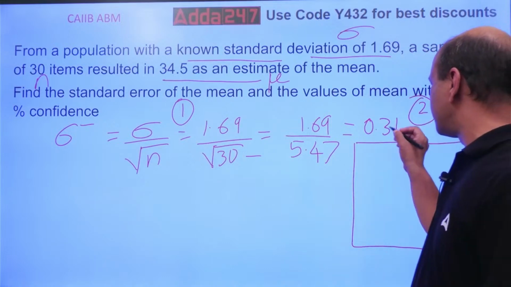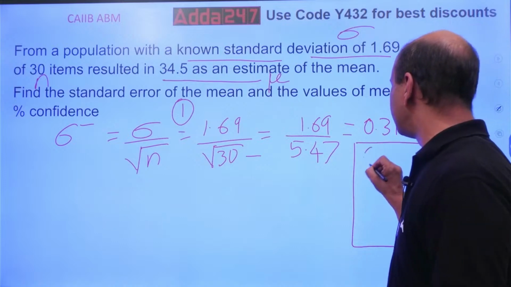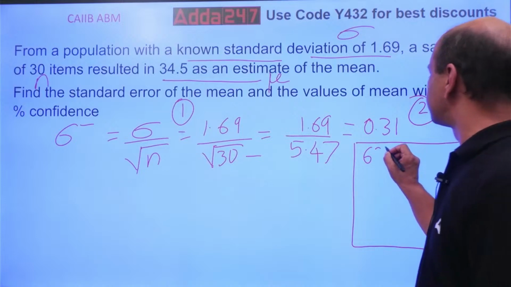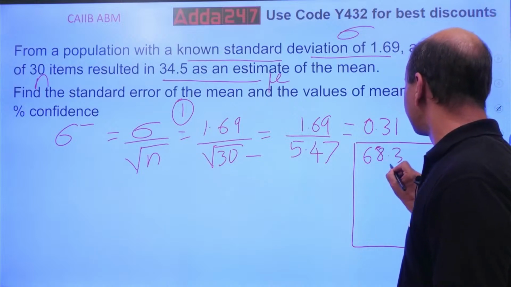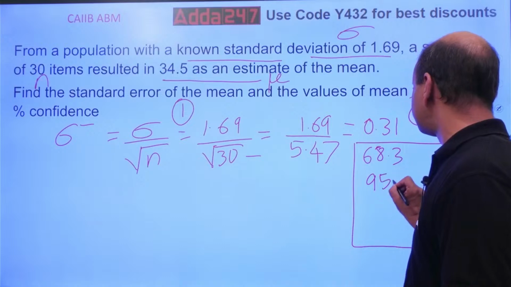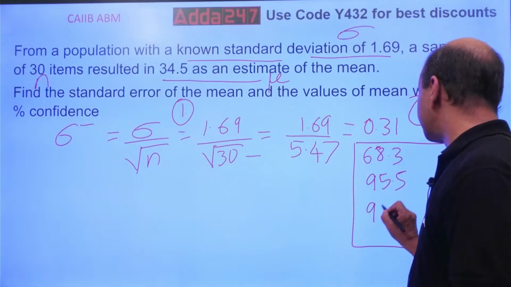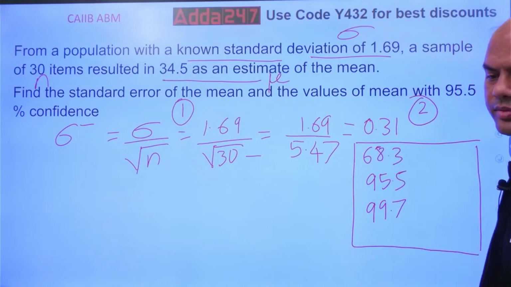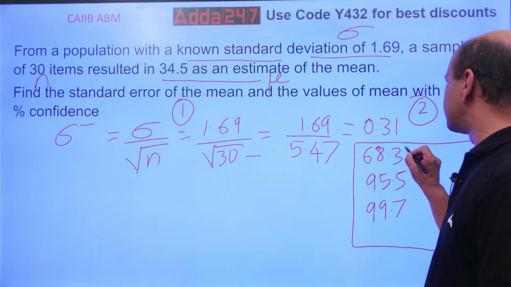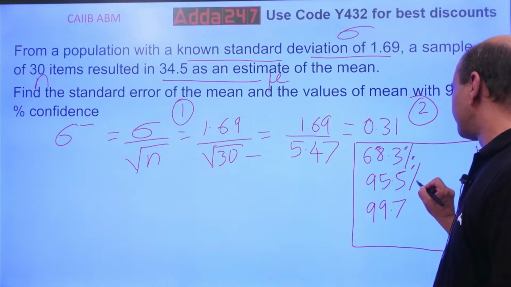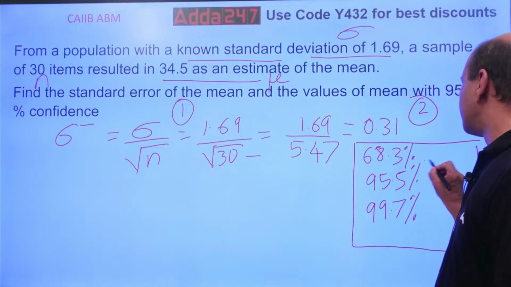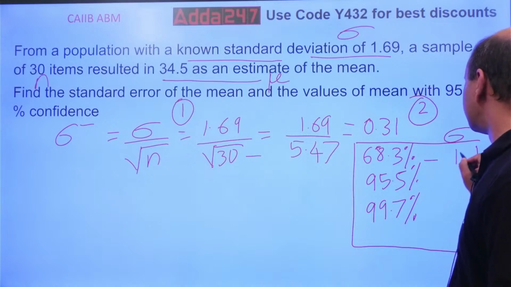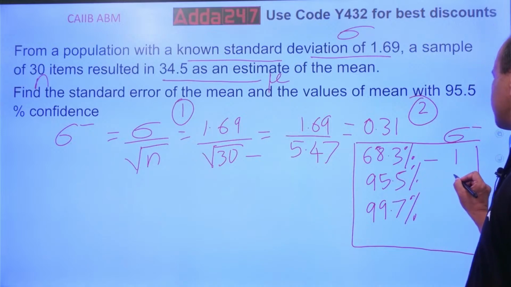Whenever your confidence level is 68.3, 95.5 and 99.7, it is called the 68, 95, 99 rule. Whenever your confidence level is 68.3%, then your standard error is 1. This is sigma dash. This is 1. At 95.5% it is 2.